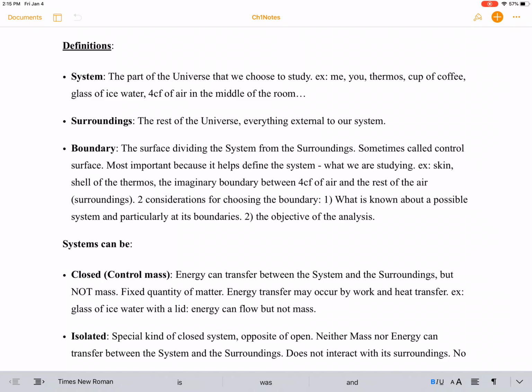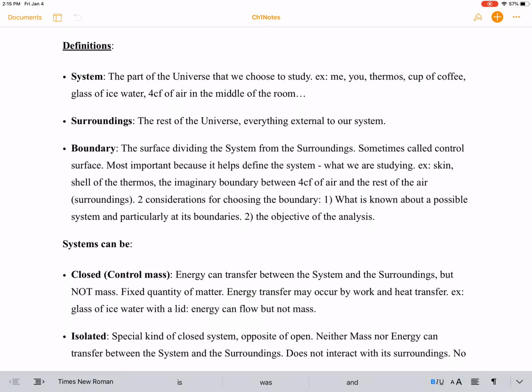So if 4 cubic centimeters of air in the middle of our room is our system, then all the rest of the air in the room and the outside of the house and the cosmos and the moon and everything else external to that 4 cubic centimeters in the middle of your room, that is the surroundings. So the surroundings is anything that is not the system.